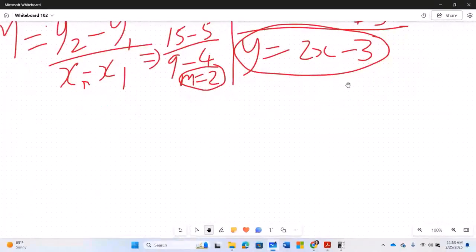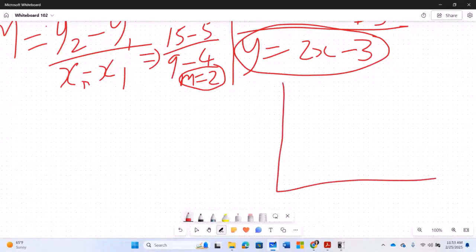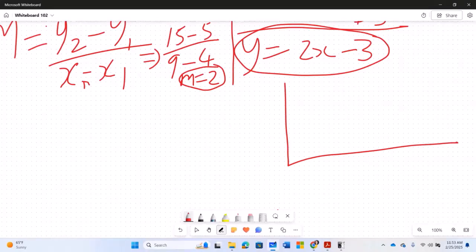By the way, it is only going to be a line graph. So there we have a line graph here, but I'm going to extend it this side because of the negative 3.